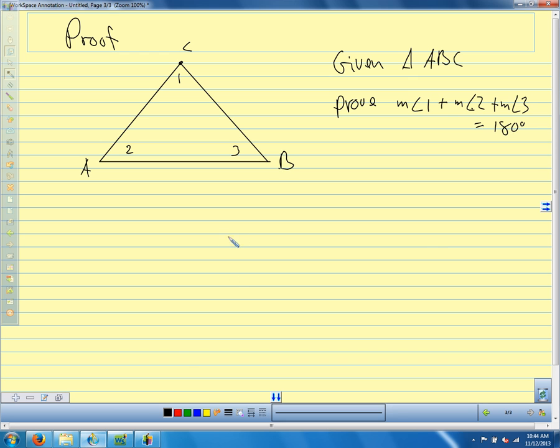Well, here's our first step in our proof. I'm going to draw the parallel line. So there's my parallel line through point C. I'm going to call that line L. So now we're set. So here are going to be my statements and my reasons.